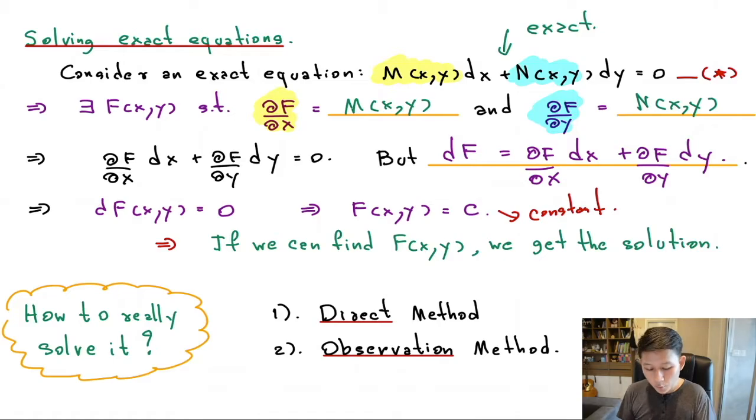So we have that df is 0, and if df is 0, it means that f is a constant, and this is actually the solution.